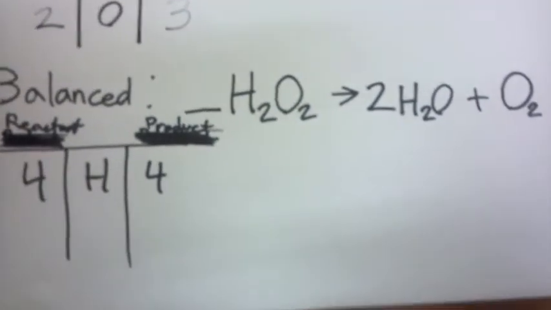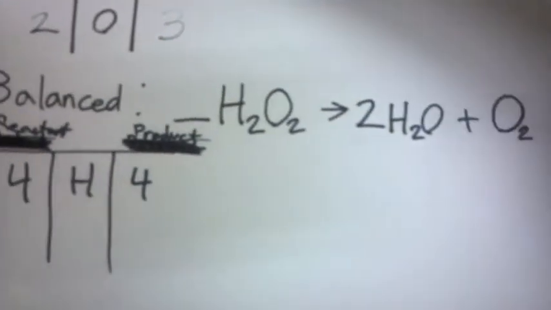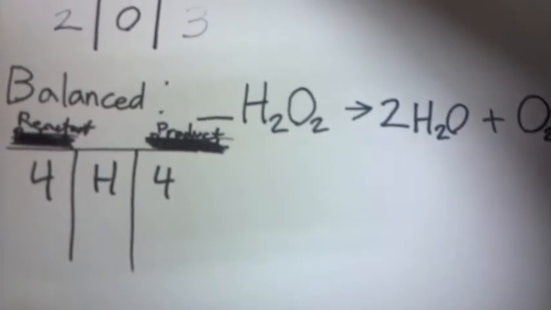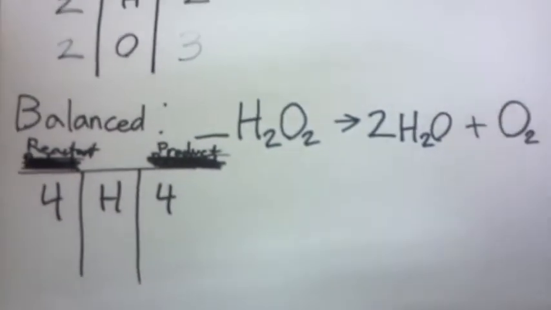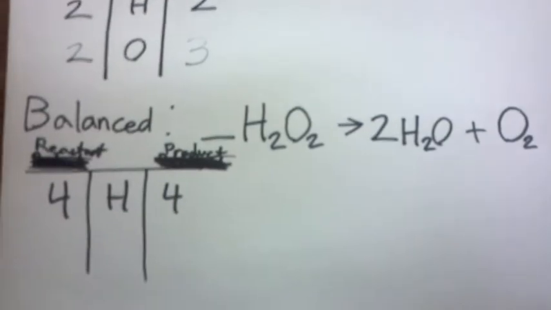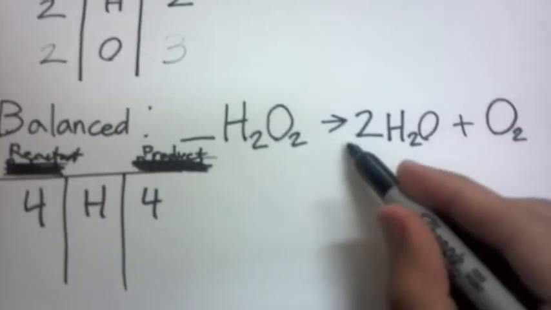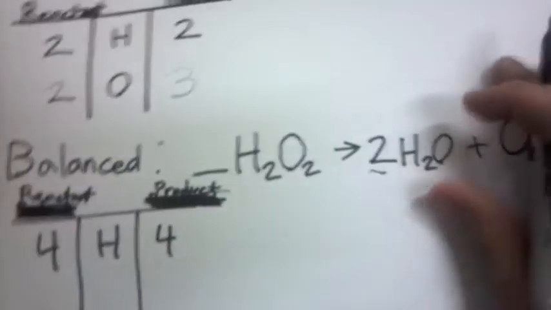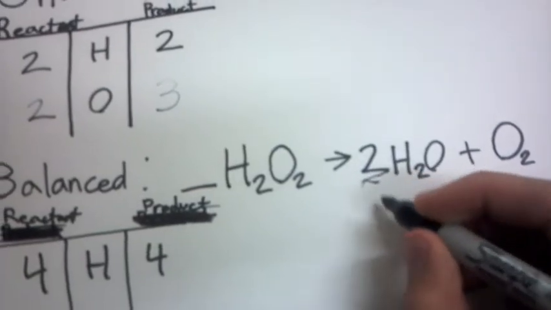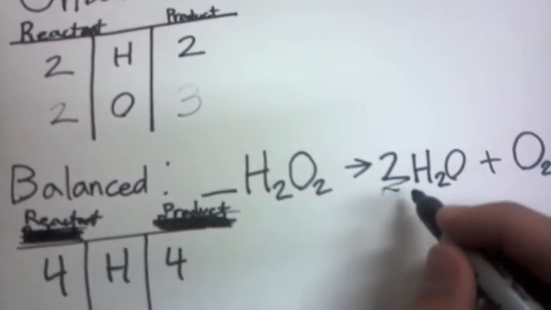Now, the balanced equation is going to look a little different. To balance this equation, you need to figure out what goes in these underlined spots, this spot and that spot.